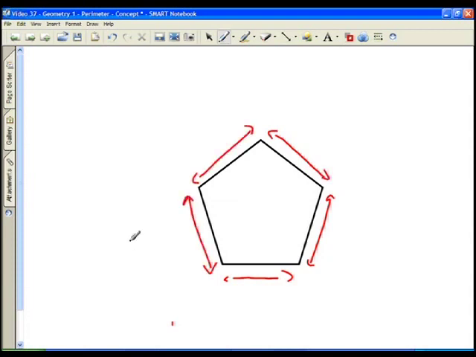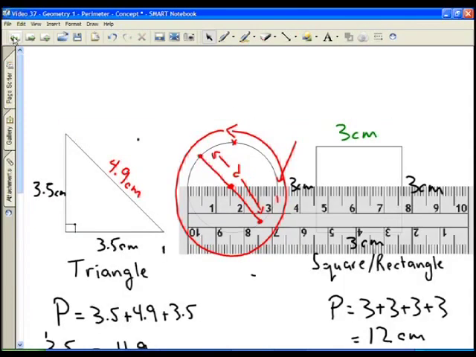So the perimeter is the distance around an object, and we can use any units we want to measure the perimeter. And in this case, we've used centimeters and added some measurement skill as well. So that's a little refresher on the perimeter of objects.